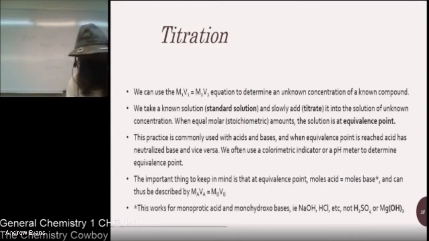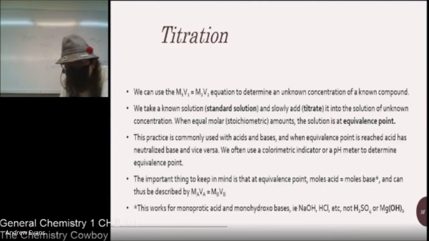So where we're going to go with this, the final application will be what we're doing in the lab, which is a titration. A titration is using the M1V1 equals M2V2 equation to find an unknown concentration of a known compound. So we're going to take our known solution, which will be our standard, our titrant, and we're going to slowly add, which is we're going to titrate this into a solution of unknown concentration.